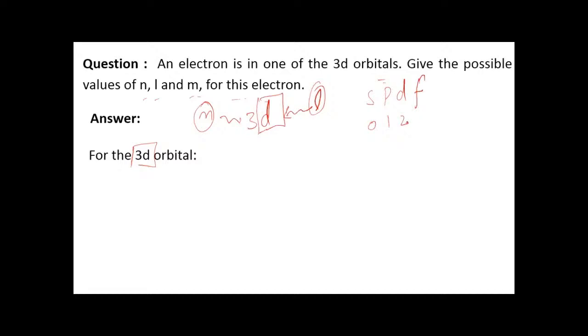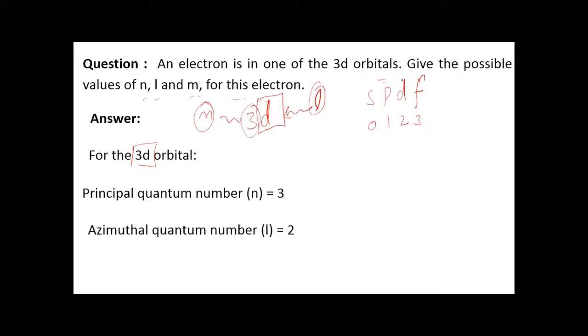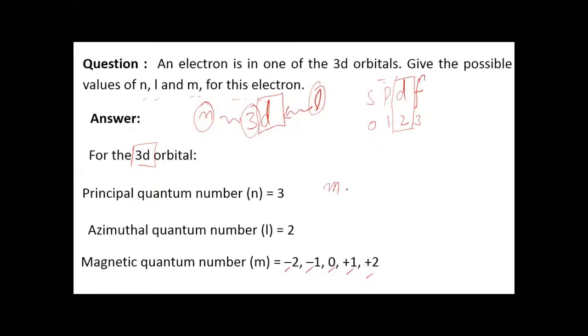Thus the principal quantum number value is 3 and azimuthal quantum number value is 2 because the electron belongs to the D subshell. The magnetic quantum number value M is equal to minus 2, minus 1, 0, plus 1 and plus 2 because the value of M lies between minus L to plus L including 0.